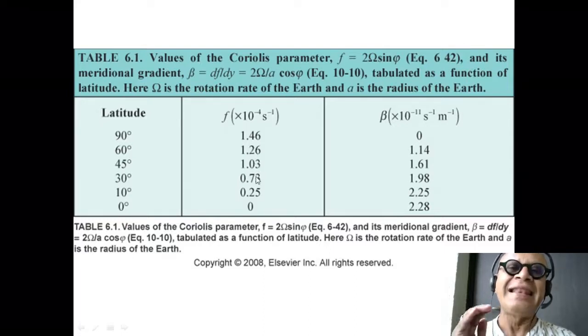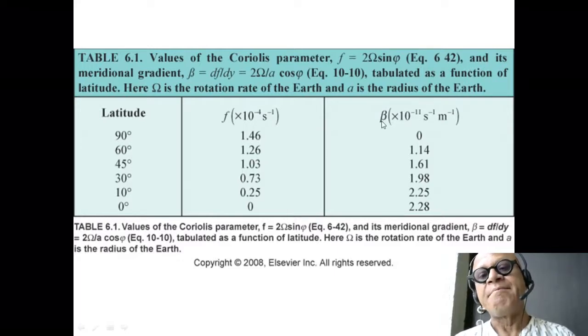So it's not a linear increase. Okay, so there is a non-linear increase. So 10 times 9 is 90 degrees, but 0.25 times 9 is not what you would get here. And remember, the units is a frequency, so 10 to the minus 4 per second.